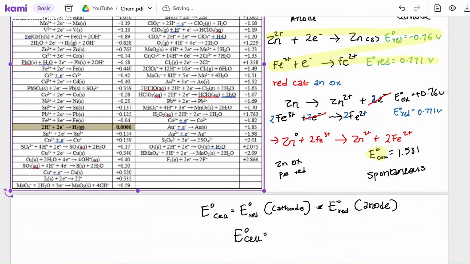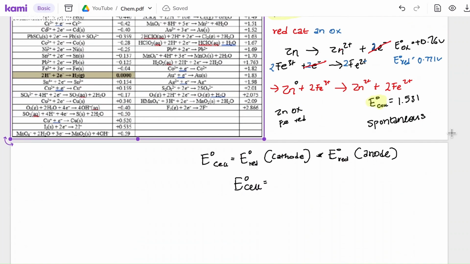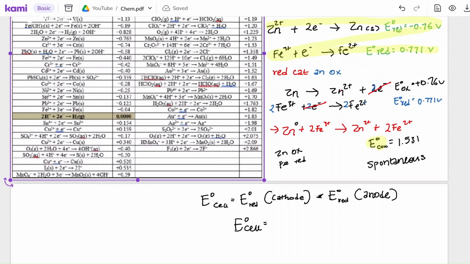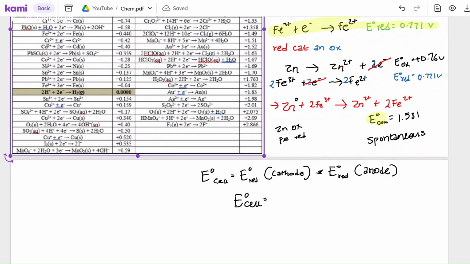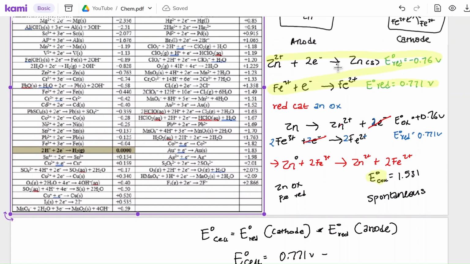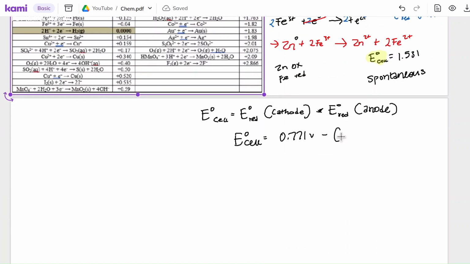Down here it's going to be cathode minus anode. So we use the reduction potential of the iron first, since it's the cathode, so it'll be 0.771 volts minus the standard reduction potential of the anode, which is the zinc, minus negative 0.76 volts.